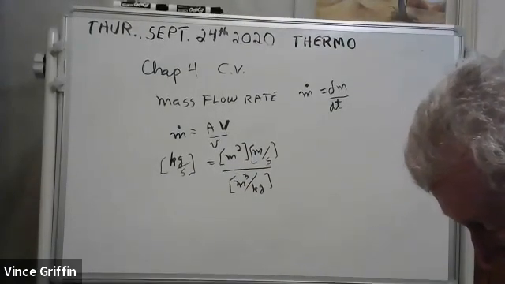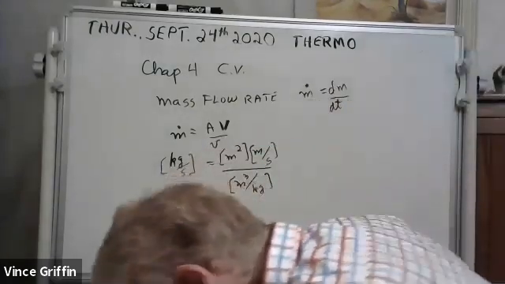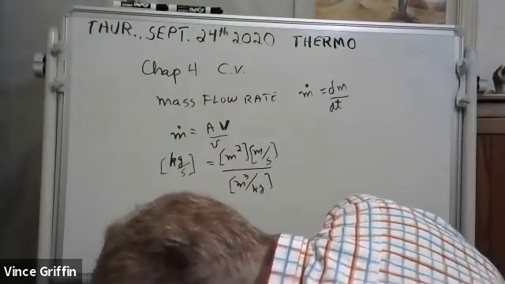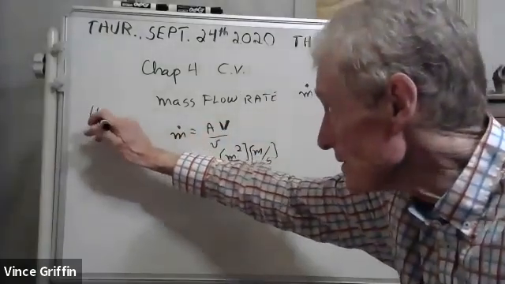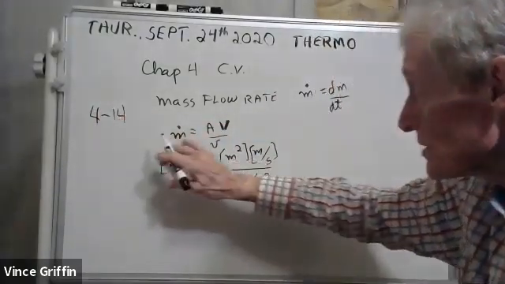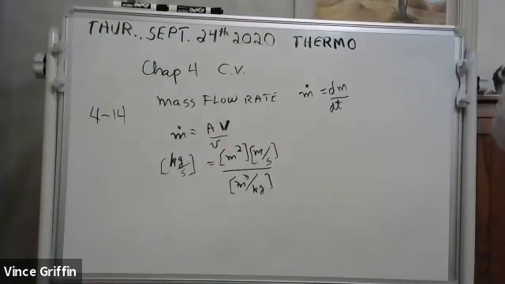All right, I'd like to do problem 4.14. We have 5 minutes, and I think we can just barely do it. This is problem 4.14. It's using this mass flow rate equation. Let me see if I can find it here.